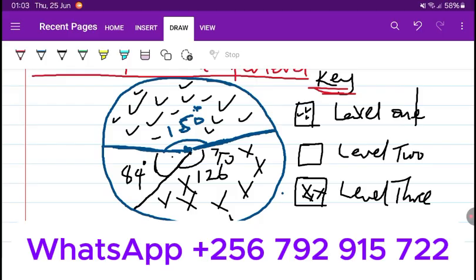So if we have very many sections, first of all, they are going to be overcrowded, and then we end up having untidy work.